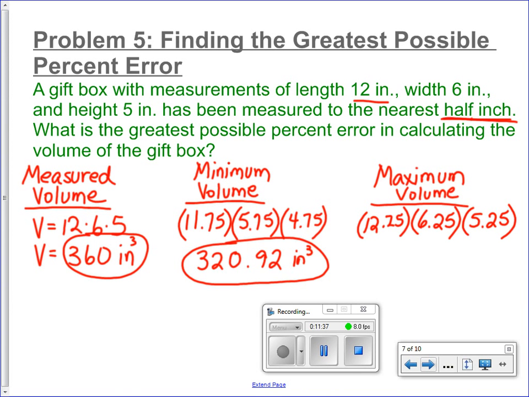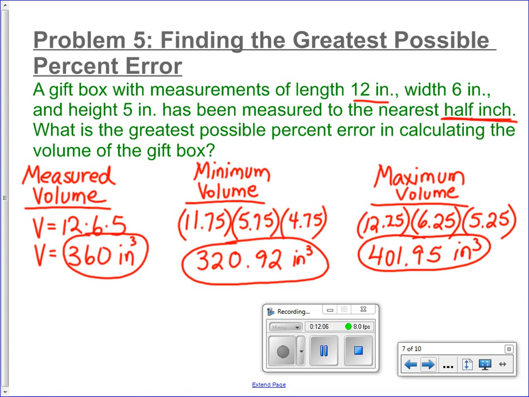Let's multiply this together. 12.25 times 6.25 times 5.25. And I get a maximum volume of 401.95, and again I'm going to round it off, and that's inches cubed. Notice there's quite a bit of difference between the minimum volume and the maximum volume.